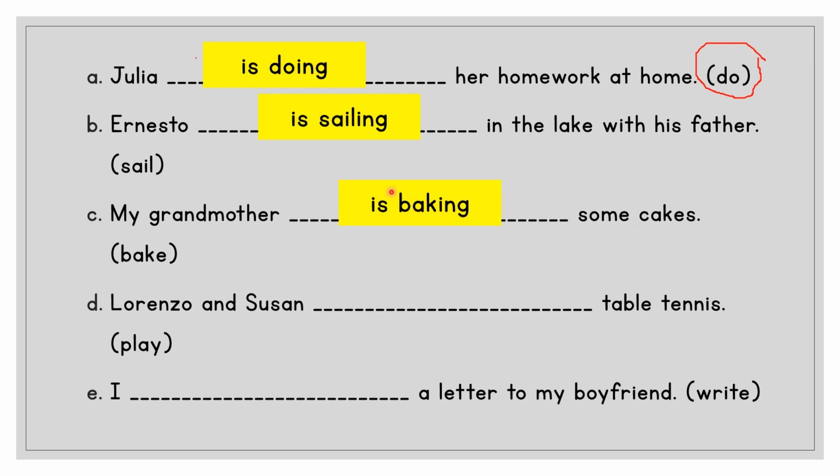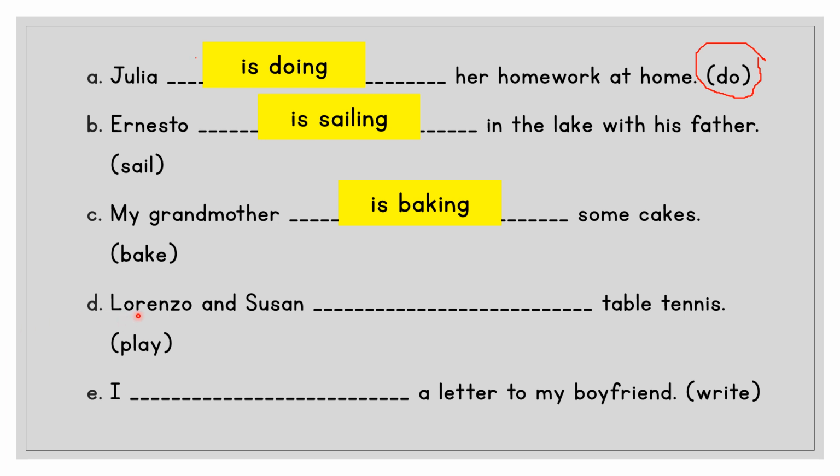Bake tadi, is kita dah tulis sebab dia seorang. Lepas tu bake, B-A-K, kita buang E tu, kita masuk ing. Okay? Kalau awak tersalah dekat situ, tak apa. Tulis je perkataan baking tu dekat atas ni. Kalau salah je baking, it's okay. Tak apa, belajar. Salah, it's okay, normal.